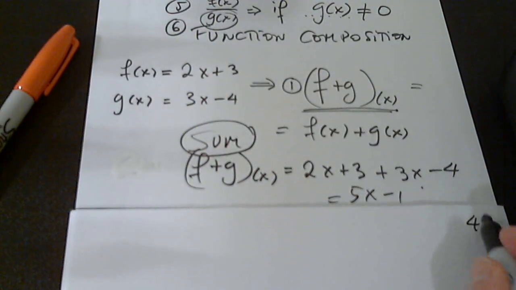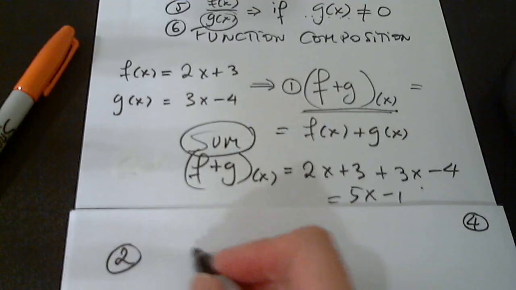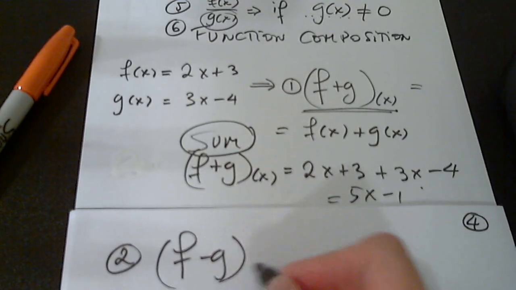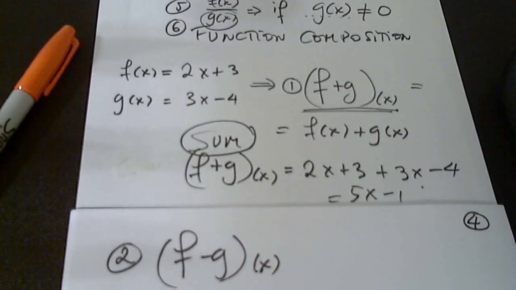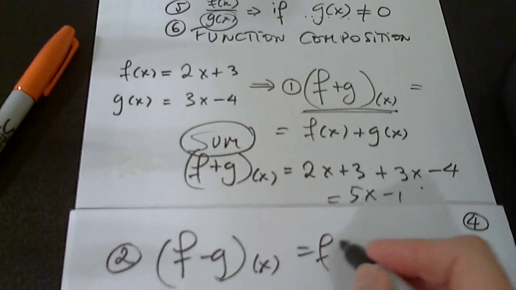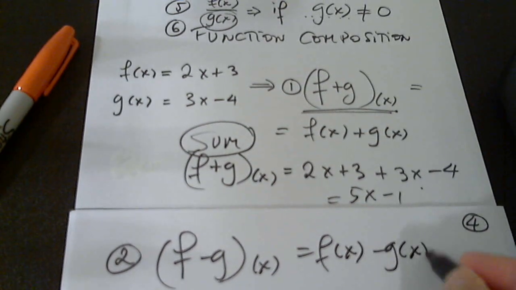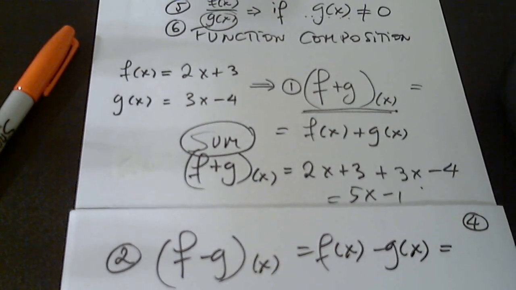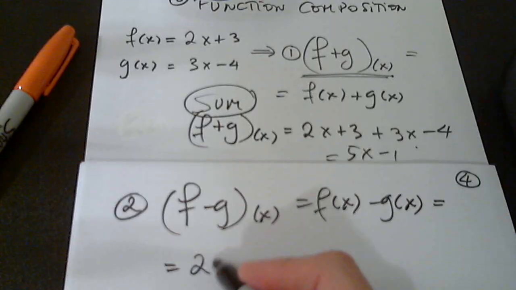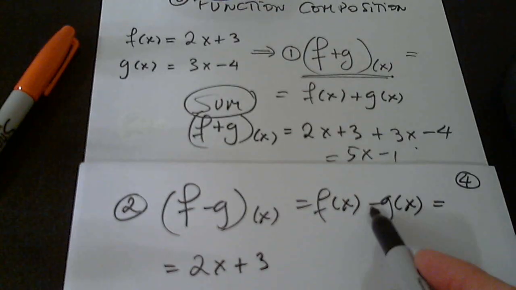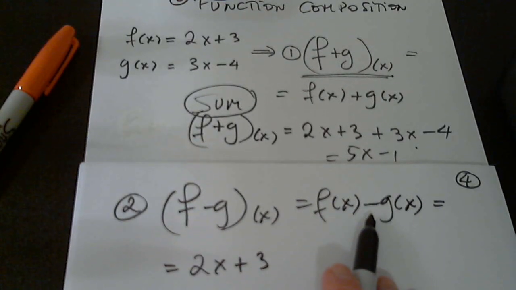Now, number 2, if I want to determine the difference, how do I read this? f minus g of x. Of course, this will be f of x minus g of x. But now I have to be careful because I copy f, but I have to keep in mind that I have to distribute to all terms the negative sign.